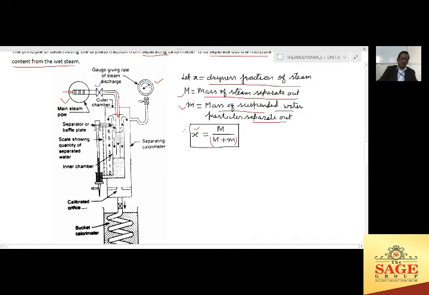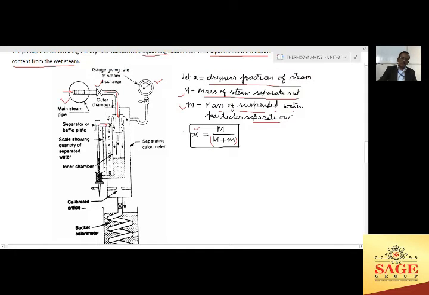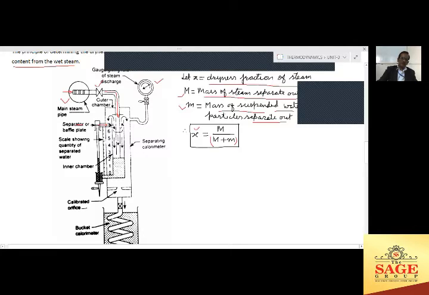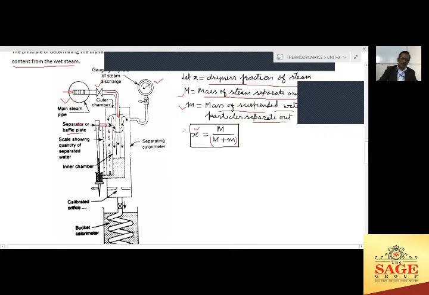Then here you can see this portion, where we have some separator or baffle plates. These baffle plates are used to reflect back the wet steam, because it is a mixture of water particles as well as dry vapor. This perforated cup type of structure is there.